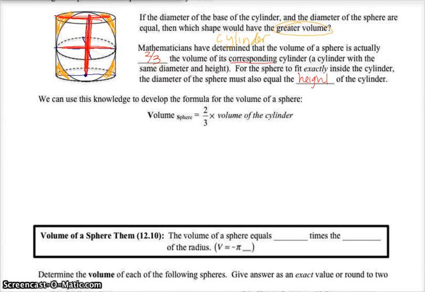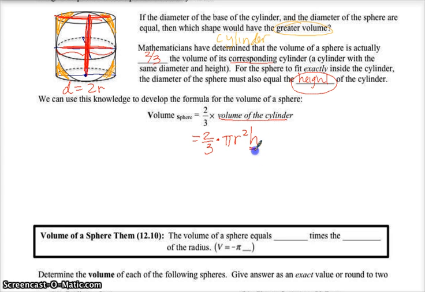So let's use this knowledge to develop the formula for the volume of the sphere. So we just said the volume of the sphere is 2/3 the volume of the cylinder. Well, we know from previous class that in order to find the volume of the cylinder, we have to multiply pi r squared h. Okay, but we just said that the height is the same as the diameter of the sphere. And what is the diameter of the sphere? The diameter of the sphere is twice the radius.